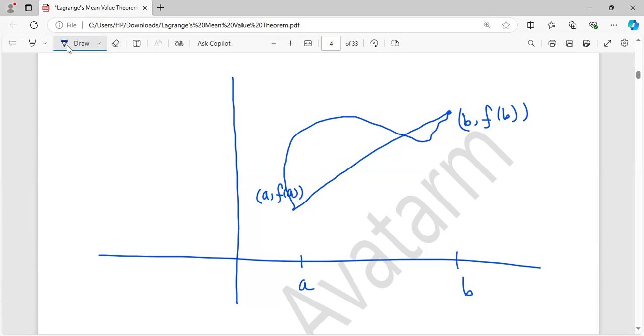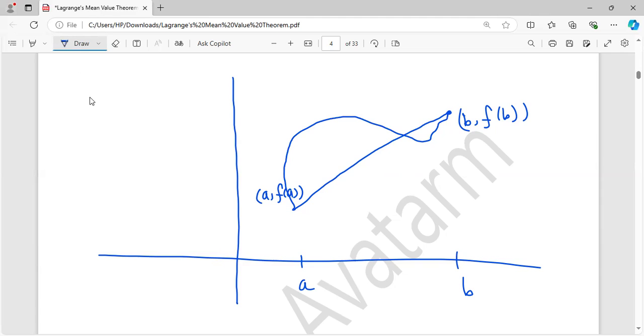So this is the curve, and this is the (a, f(a)) point, and this is the (b, f(b)) point.